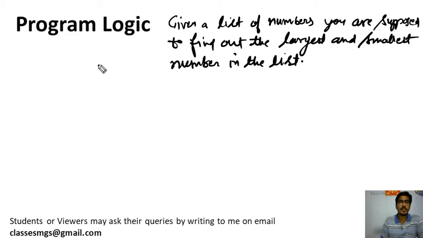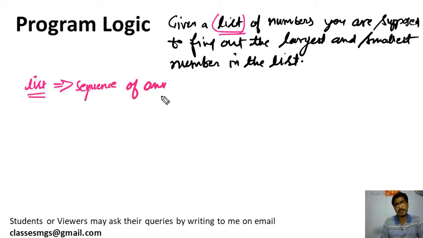Now, this term may be new for you. What is a list? In Python, a list is a data type, a sequence of any data type, in which we have the elements.